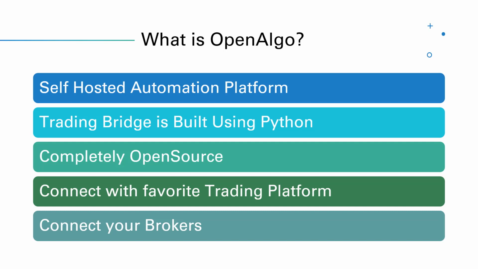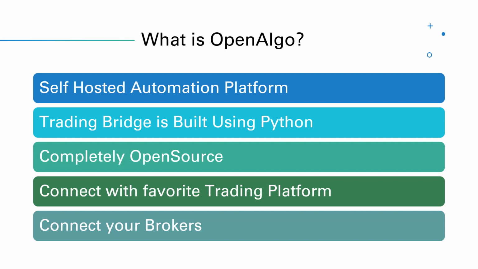I can connect my favorite trading platforms like AmiBroker, TradingView, Python, or even strategies in MetaTrader 5, Excel sheet, C# or Node.js. You can write your strategies in your own favorite application and connect it with OpenAlgo to automate your trades with your own favorite broker.